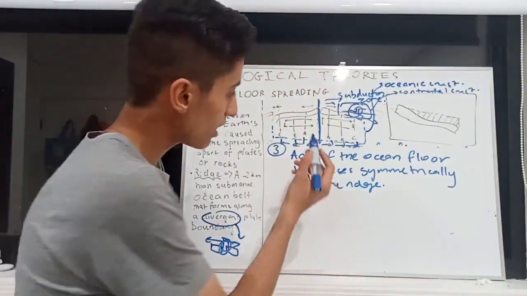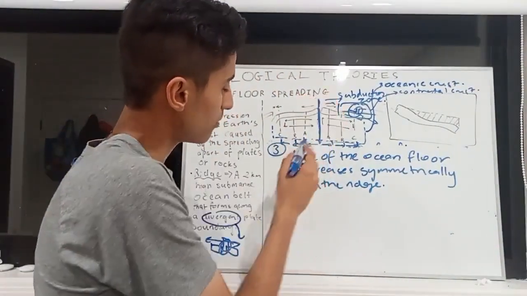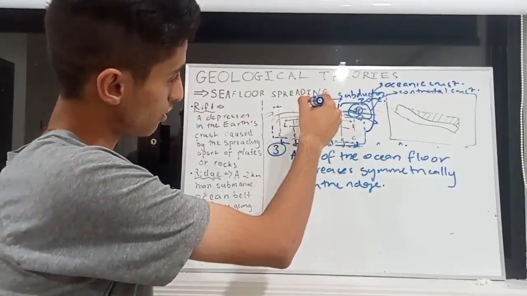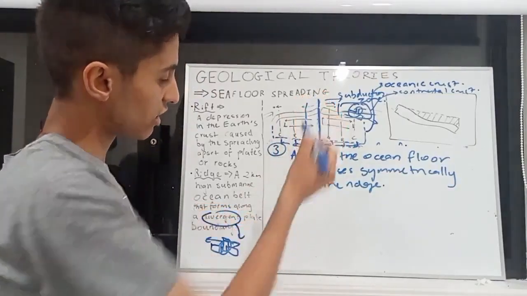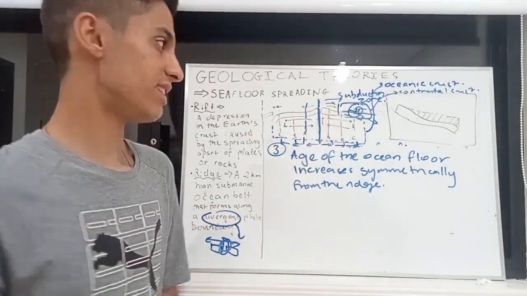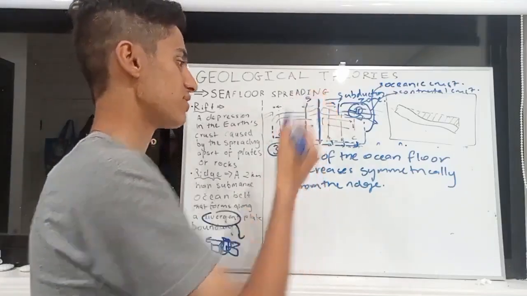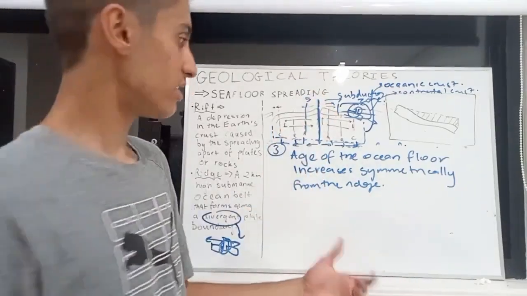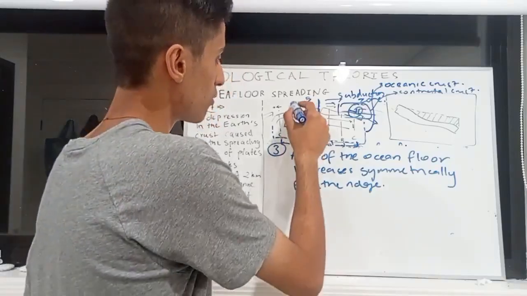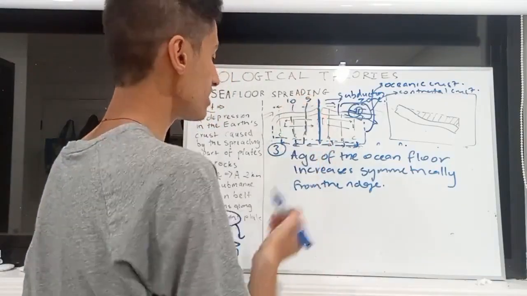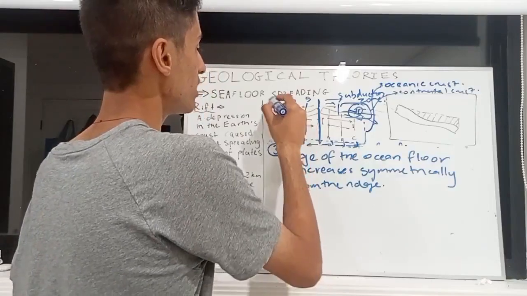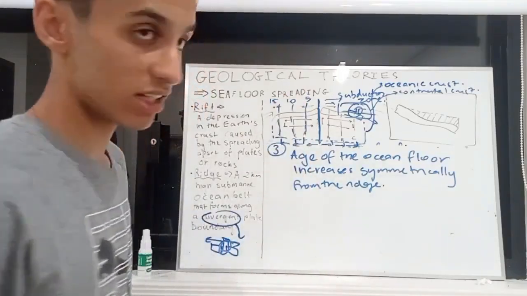So if you were to look at rock A on the left side of the ridge and date it, you'd find that, okay, this is 5 years old, but that's not how it works. This is just an example. Then you look at rock B and see, oh look, this is 10 years old. And then rock C, this sample is 15 years old.